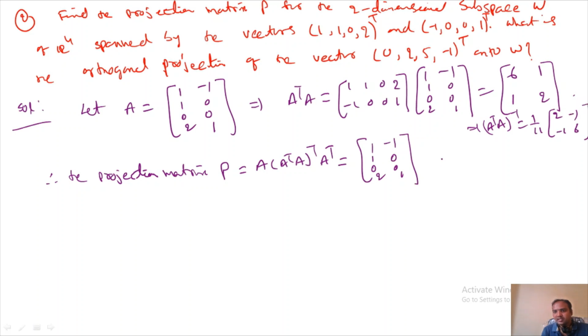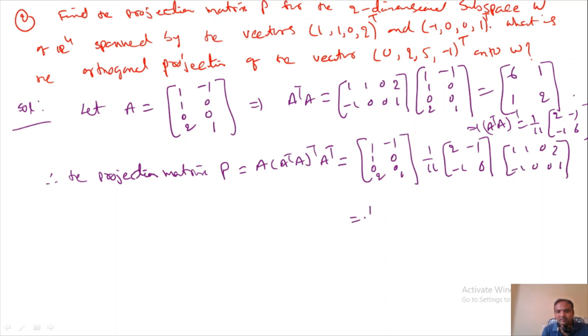This is 1 by 11 into [2 -1; -1 6] into A transpose. A transpose is [1 1 0 2; -1 0 0 1]. Now multiply these matrices, we will get 1 by 11 into a 4 by 4 matrix: 10 3 0 -1, 3 2 0 3, 0 0 0 0, -1 3 0 10.